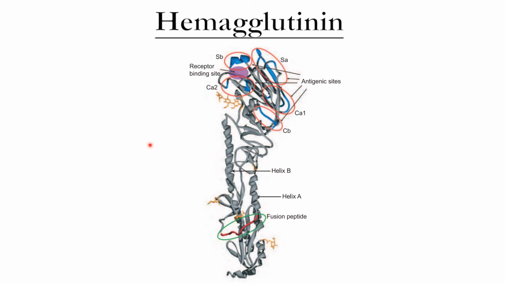The first major function of HA is binding to receptors, and the receptor binding site lies within the globular head of the molecule. This site has been designated through crystallization and structural analysis of HA receptor complexes as well as by mutational analysis.